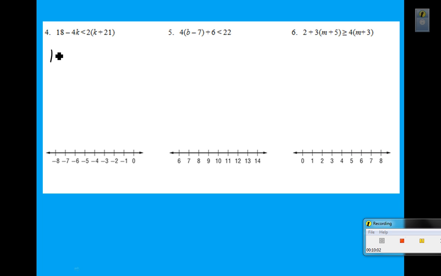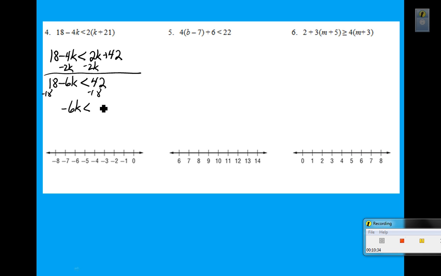Here's my number 4. I've got 18 minus 4k is less than 2k plus 42. I need to get my variables on the same side, so I'm going to subtract 2k from this side, leaving me 18 minus 6k is less than 42. I'm now going to subtract 18 from both sides, so I've got negative 6k is less than 24.